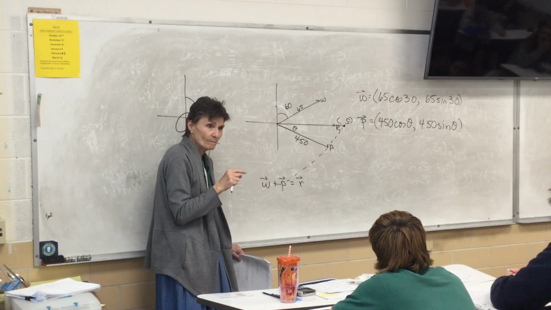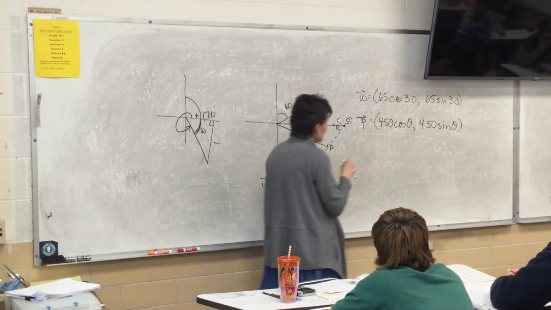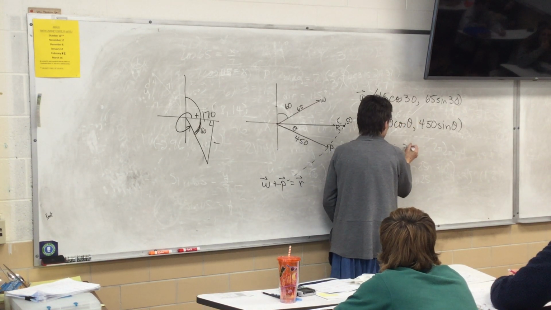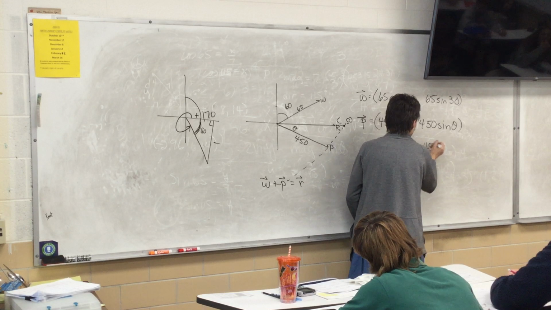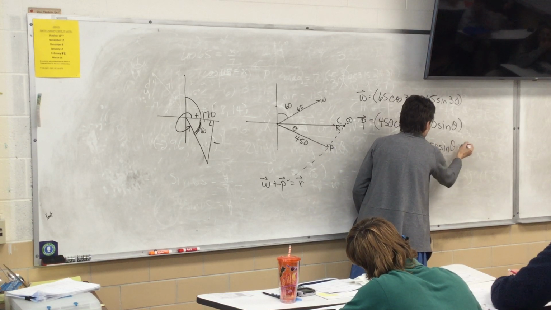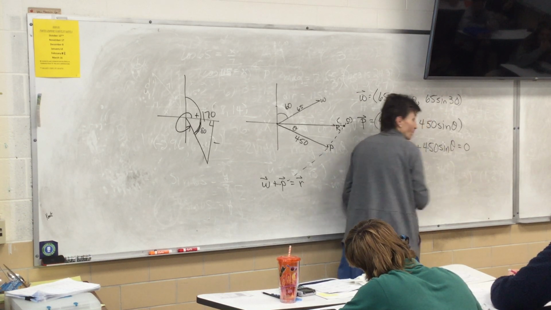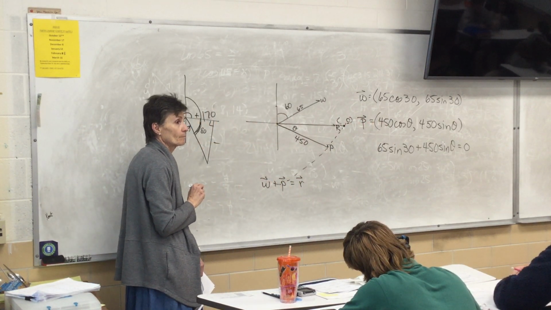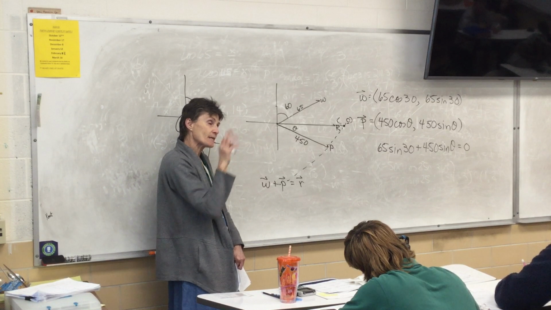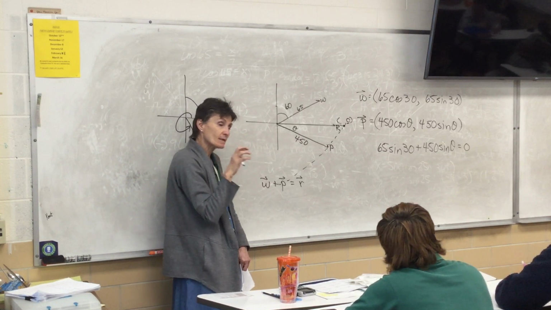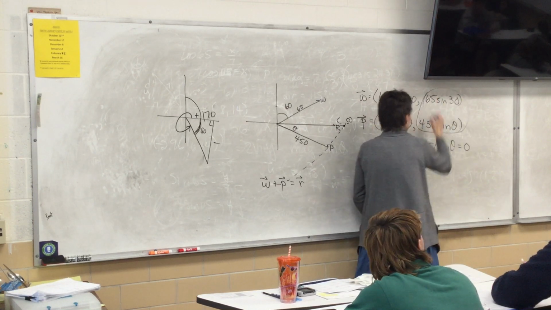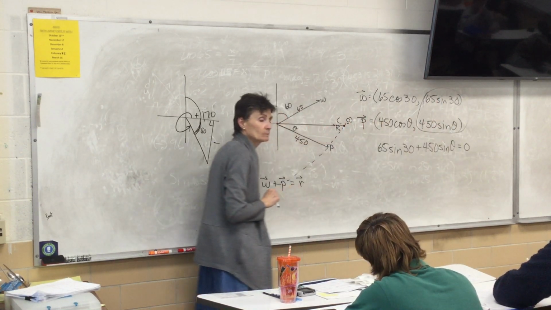Isn't y 0? That means that if I add my y's together, I have to get 0. Remember, when I add vectors, I add the x's and I add the y's. So when I add these two y's together, I have to get 0.